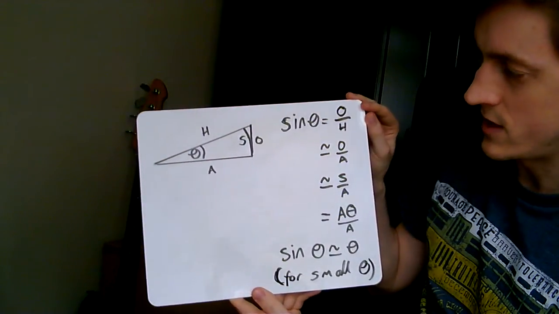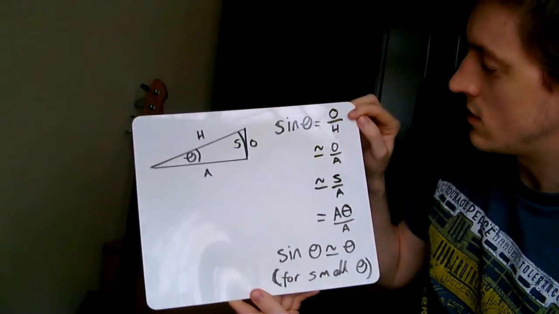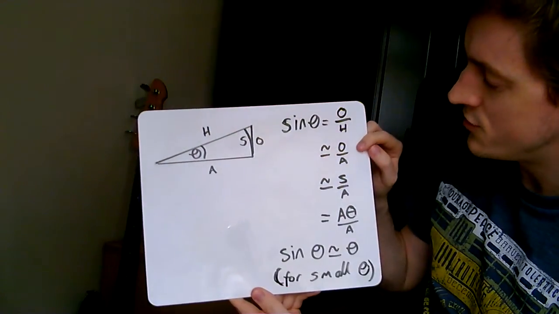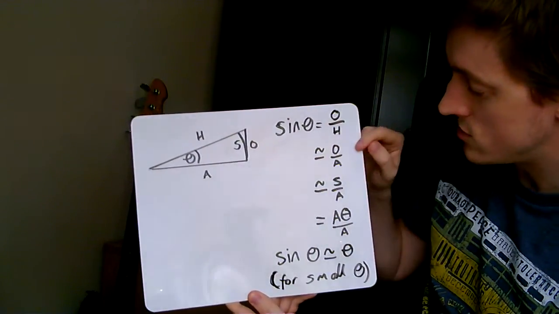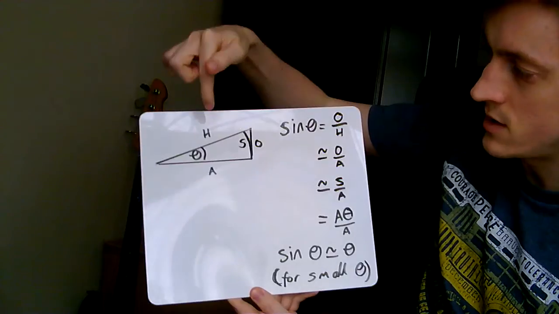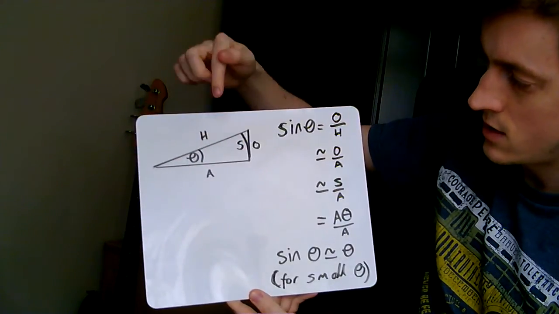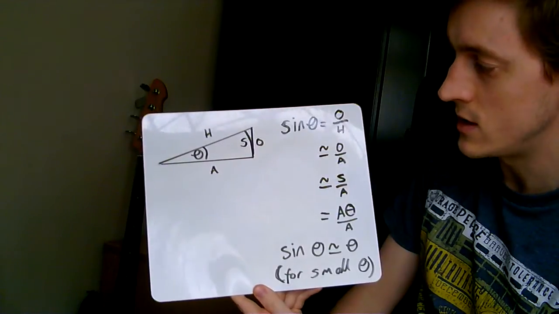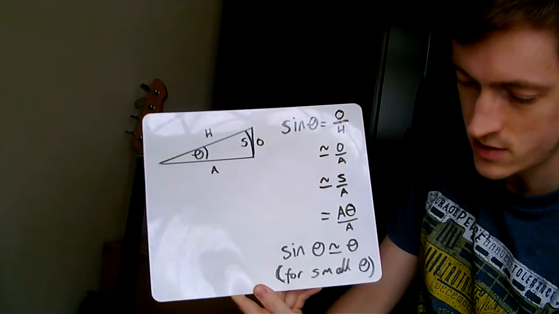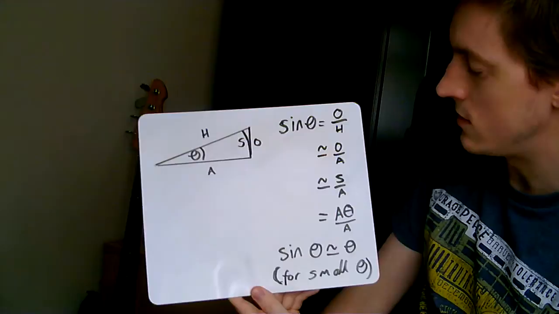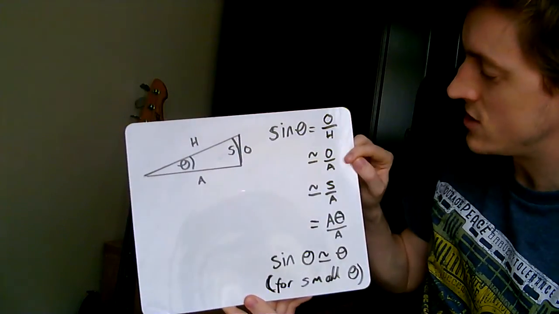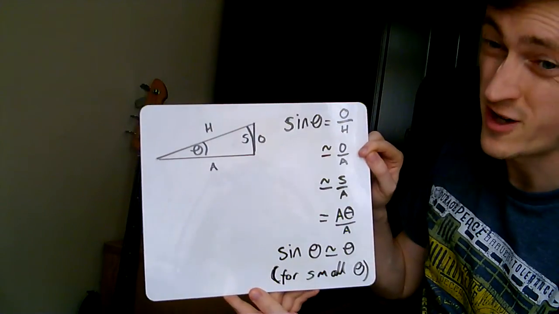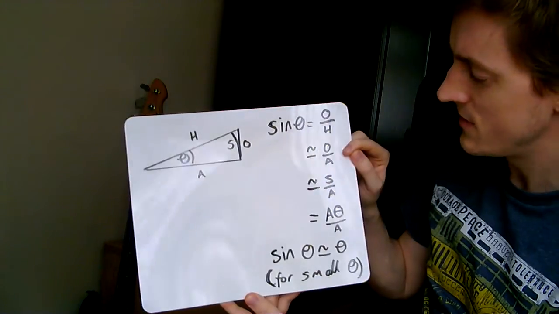If theta is 10 degrees or less, it's pretty small, then opposite over hypotenuse is pretty much going to be the same as opposite over adjacent, because this length and this length are going to be pretty close. As theta gets smaller, h and a are going to get closer and closer together in terms of their value. So O over h is pretty much the same as O over a.